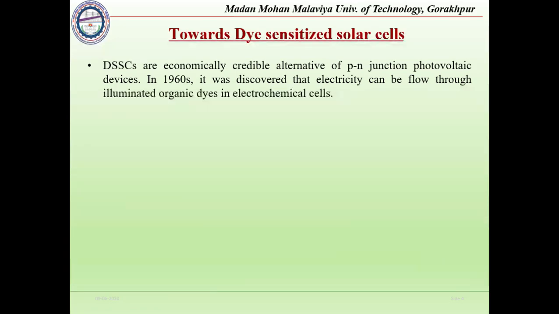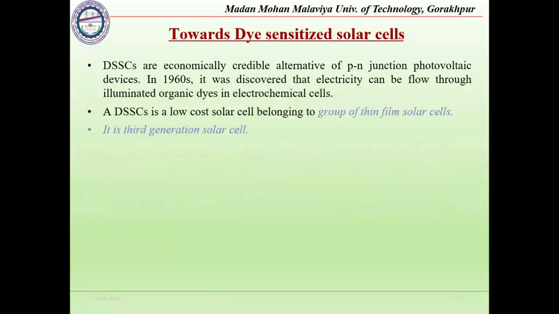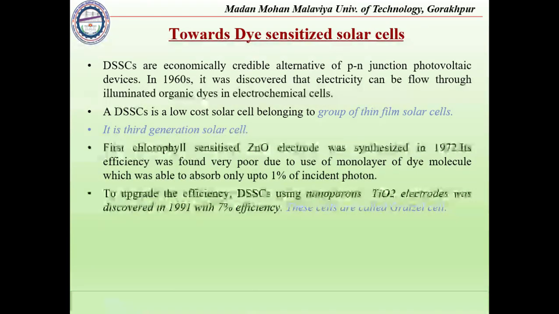In 1960, it was found in principle that electricity can also be generated through organic dye in electrochemical cells. A dye-sensitized solar cell belongs to the thin film group of solar cells. This is a third generation solar cell. And the first chlorophyll-sensitized zinc oxide electrode was synthesized in 1972, of course with very low efficiency, about 1%.